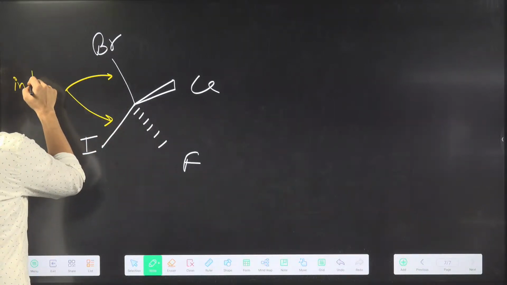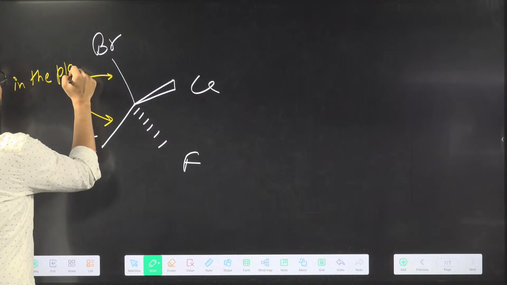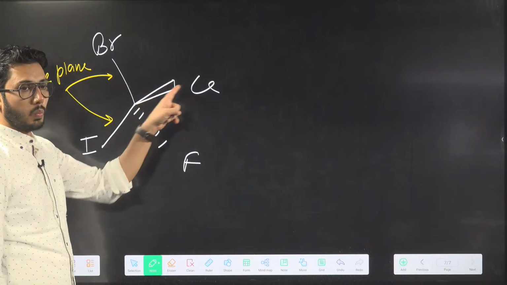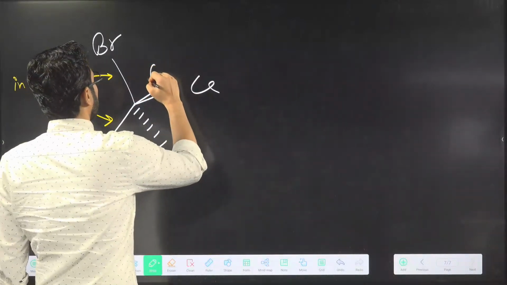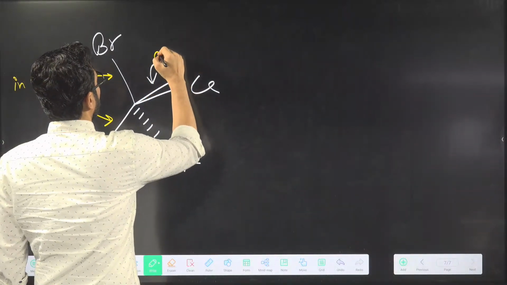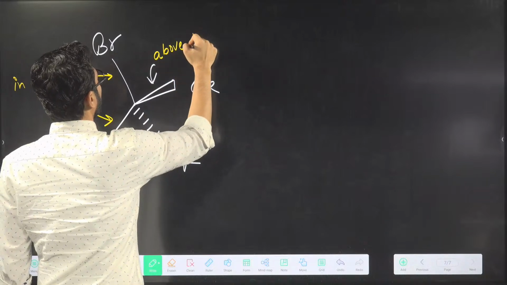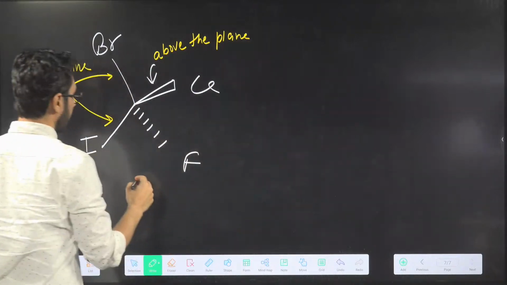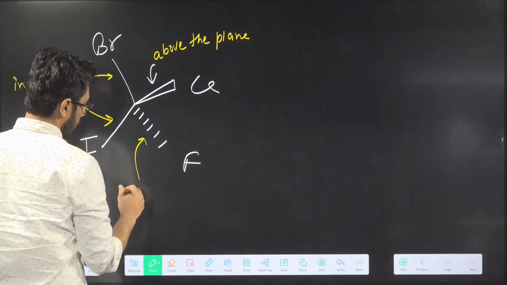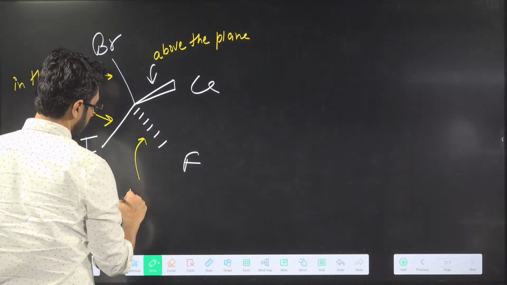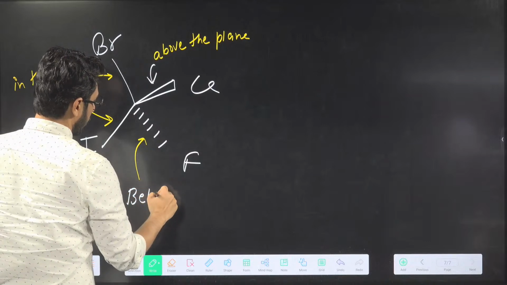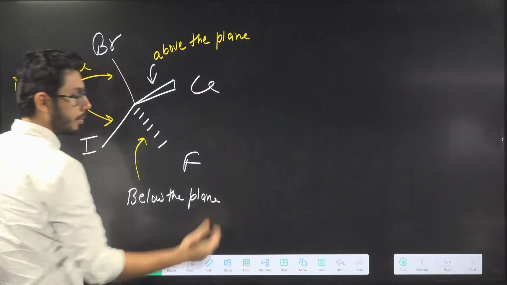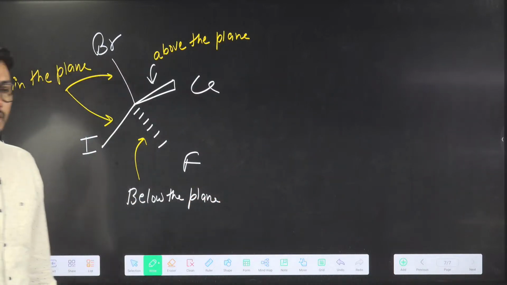They are in the plane of the board. Okay? Cl is on the wedge. This is above the plane of the board or towards the observer. And this is dash, which is fluorine, below the plane of the board or away from the observer. That is the meaning of wedge dash representation.